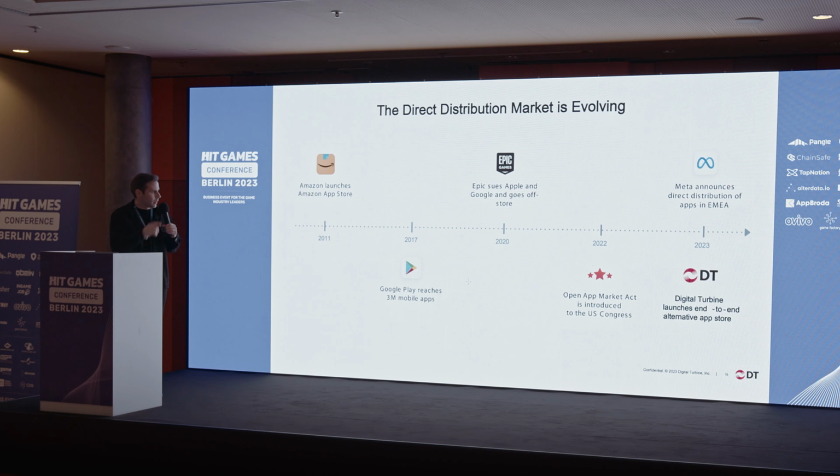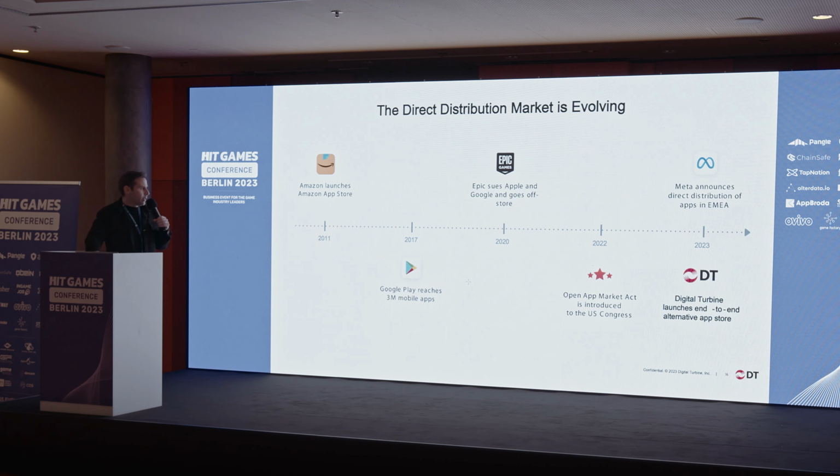And then Meta, very recently, announced that they're going to start distributing apps directly from their properties. This will support direct installs from its own platform. Also very recently, regulations in Europe are requiring even Apple, starting from next year, to allow alternative app stores on iOS.